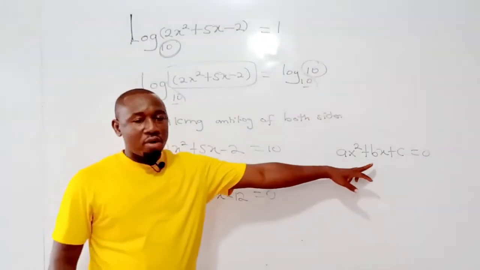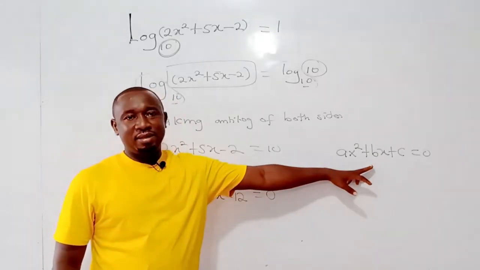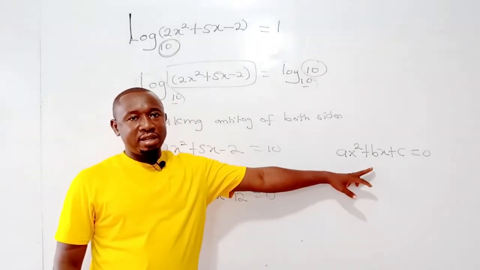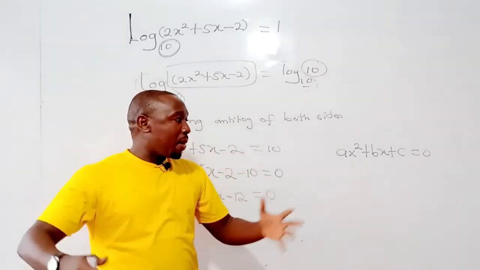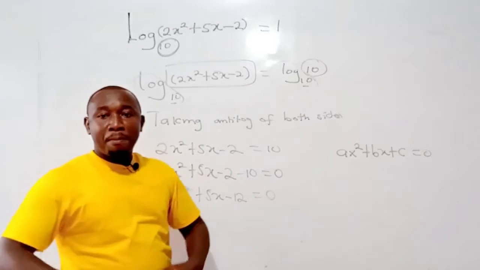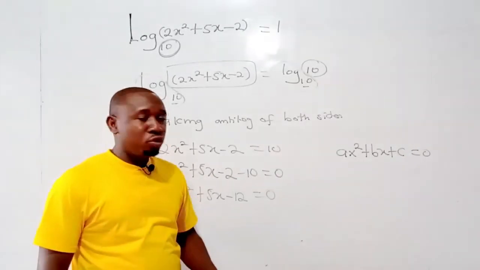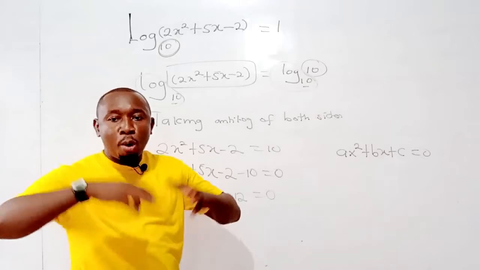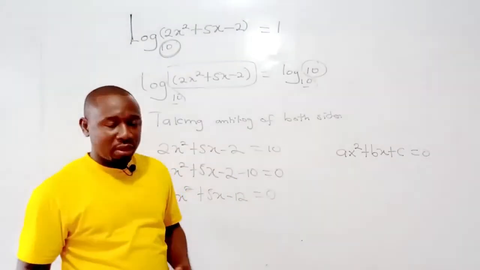If you want to solve this quadratic equation, you can use the normal factorization process. You can use the method of completing the square, and you can also use what we call the almighty formula.